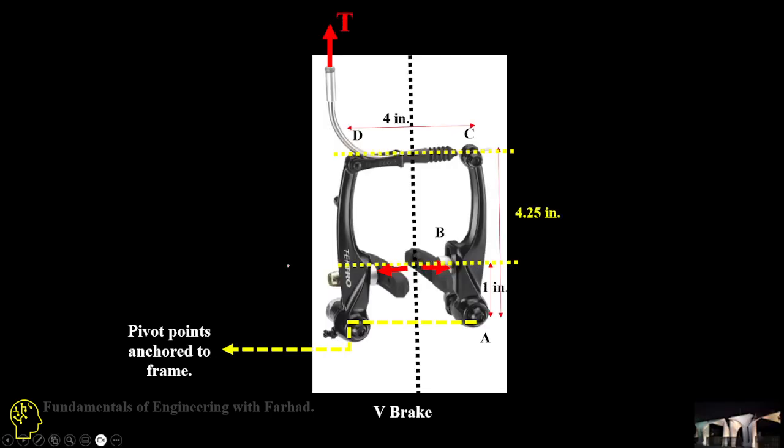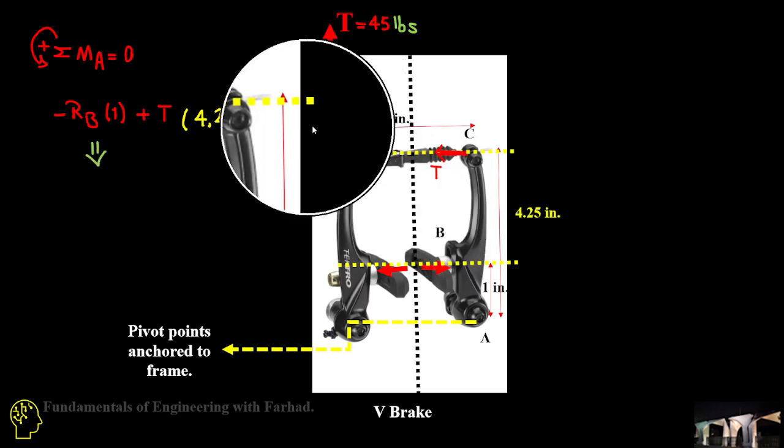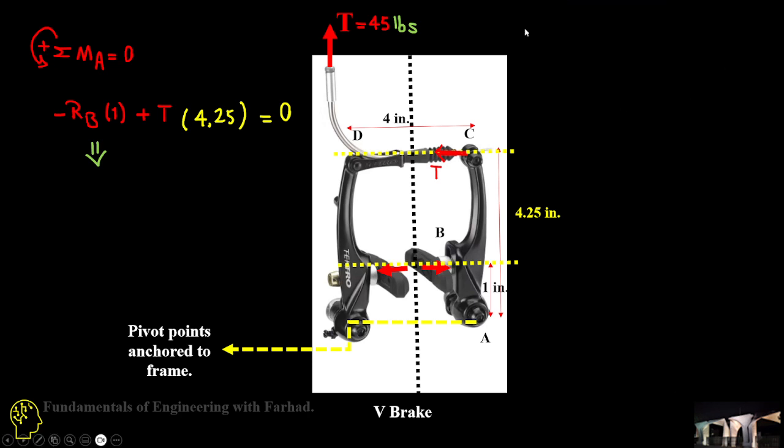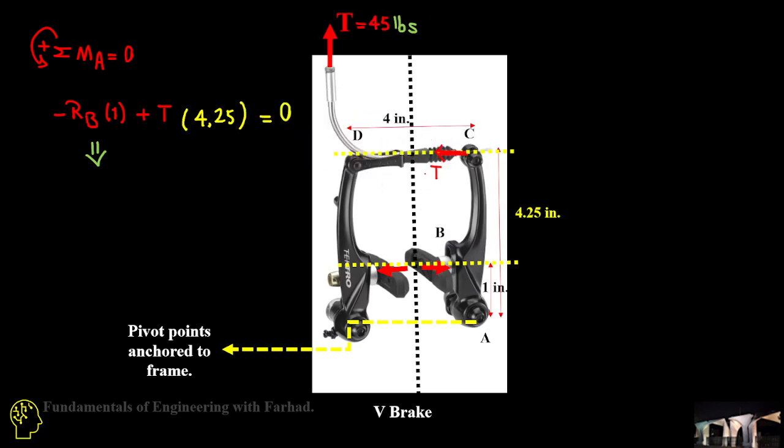If we want to do the same calculation, but this time for the V-brake system, looking at the geometry of the force, as soon as you apply this tensile force over here, it pulls the system upward and acts as a tensile force. This part is not moving, so if you pull this part, it pulls this part and makes the gap closer and closer.